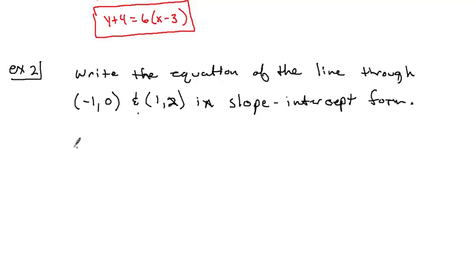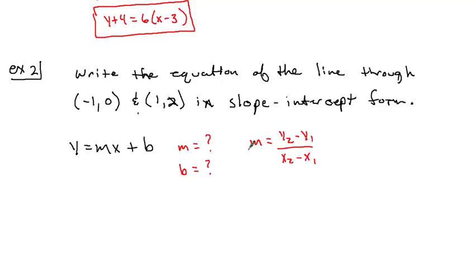All right, so we recall slope-intercept form is y equals mx plus b. So we need to know the slope, which we don't know, and we need to know the b, which we don't know. Well, the slope is easy, right? There's a formula for it. So m equals y2 minus y1 over x2 minus x1.